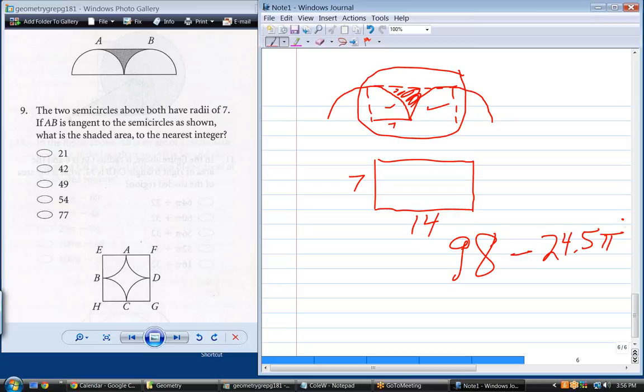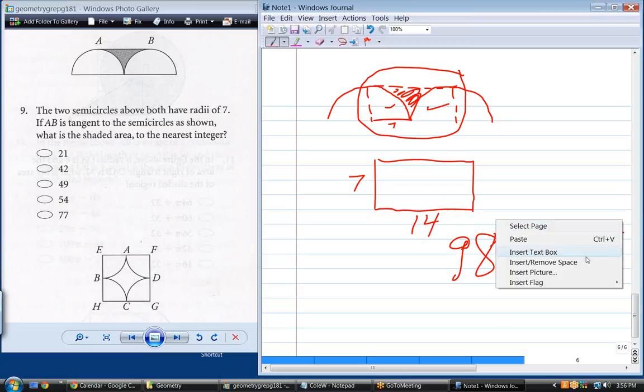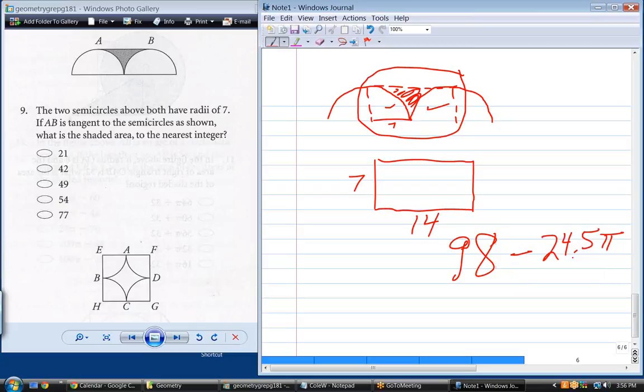So 73.5. Is that what you get when you do 98 minus 24 and a half pi? I believe so, yes. What'd you come up with? 73.5. Well, that's 24 and a half times pi, probably.